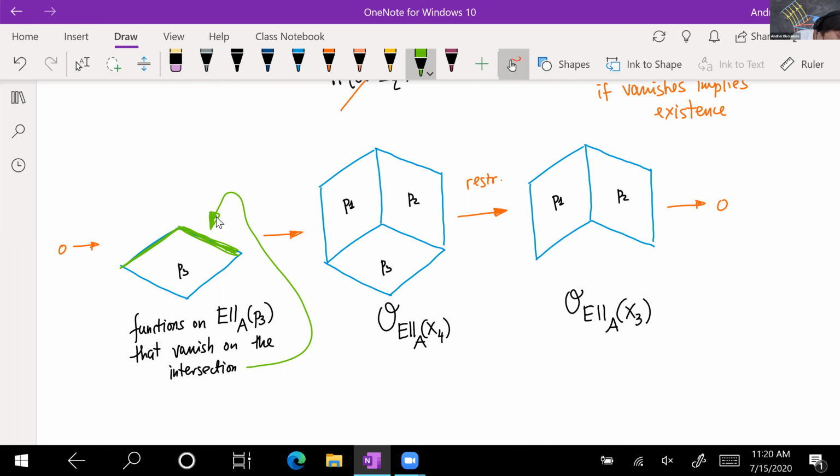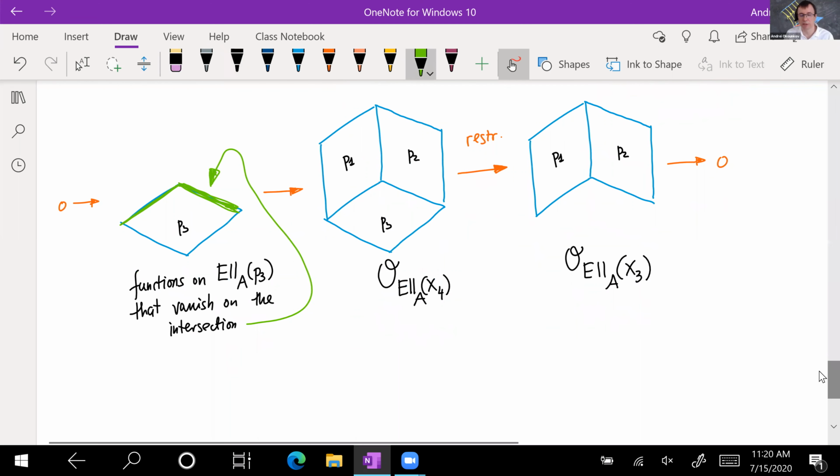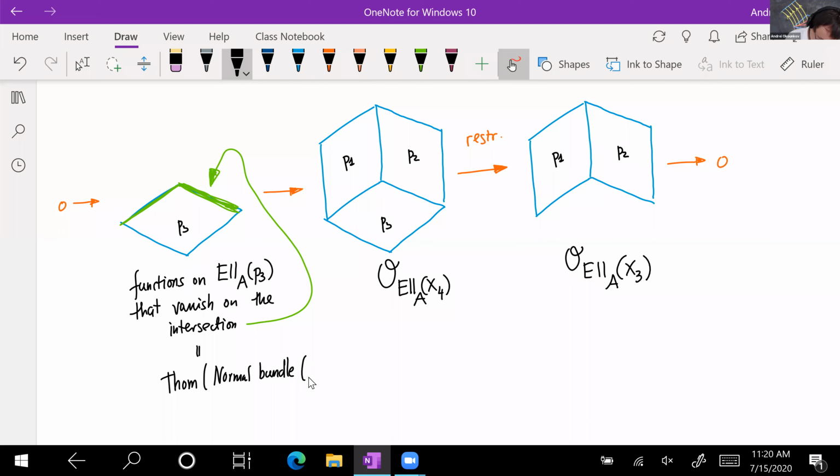This is the intersection with previously constructed things. If you remember what was happening in the previous lecture, that is nothing but the Thom sheaf of the normal bundle to the attracting component of this F3.